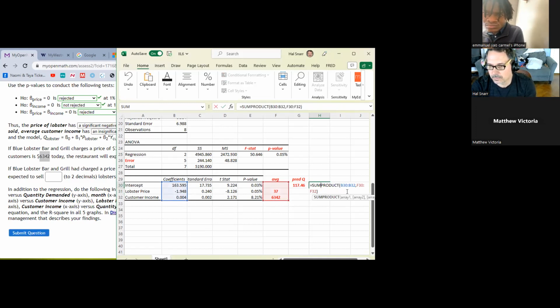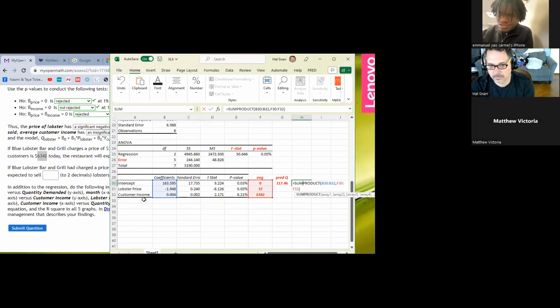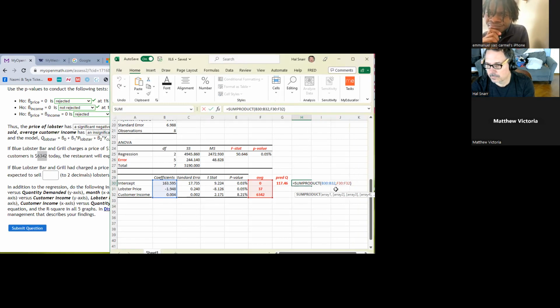That's weird. Take the product, add it to these two, plus those two. That is really weird. It should be the same number. It's not working for me. That is really strange.